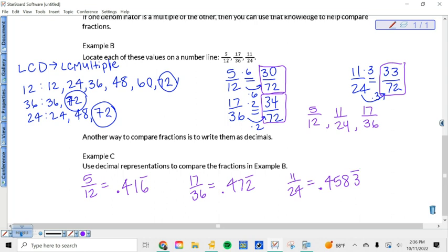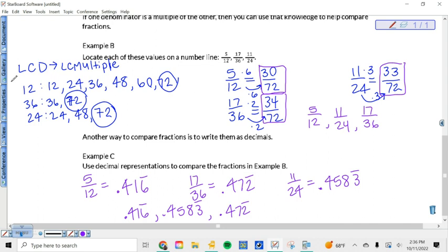So can we put those in order from least to greatest? What's the smallest one? Yeah, 0.194. And then 0.416. And then 0.4583. Perfect.